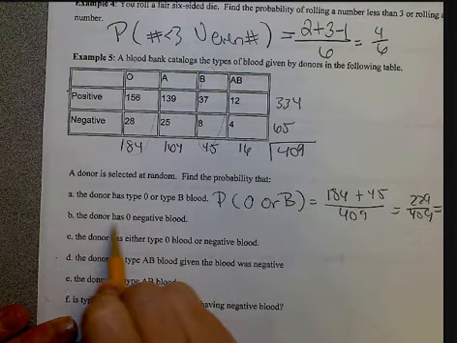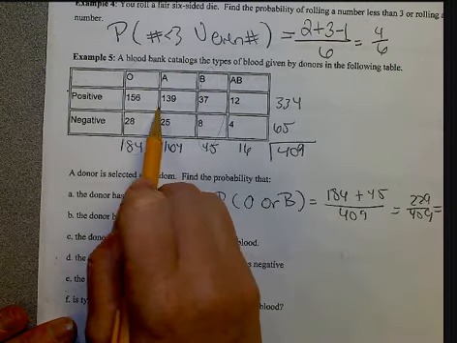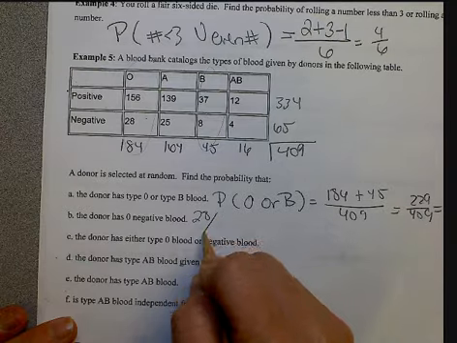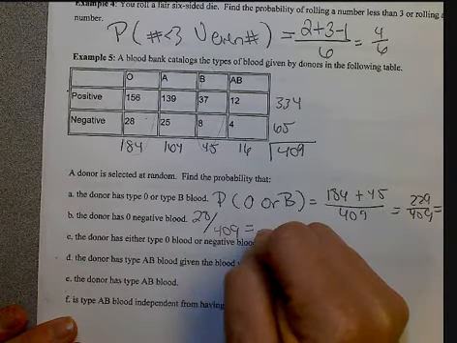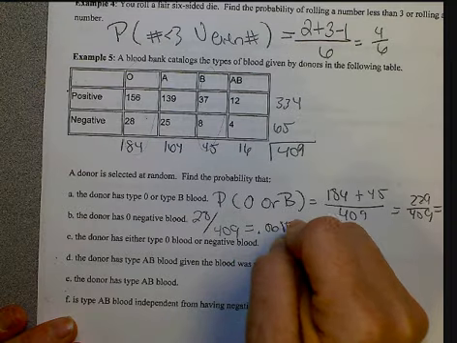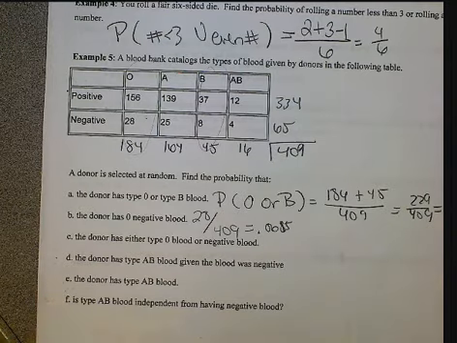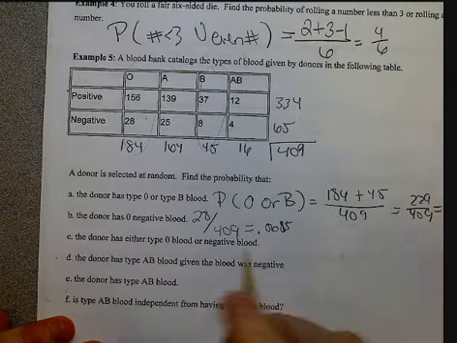The donor has O negative blood. Go to your table. There's only one group that has O negative blood, so 28 out of 409. And you can type that in your calculator. Find the probability of having either type O blood or negative.